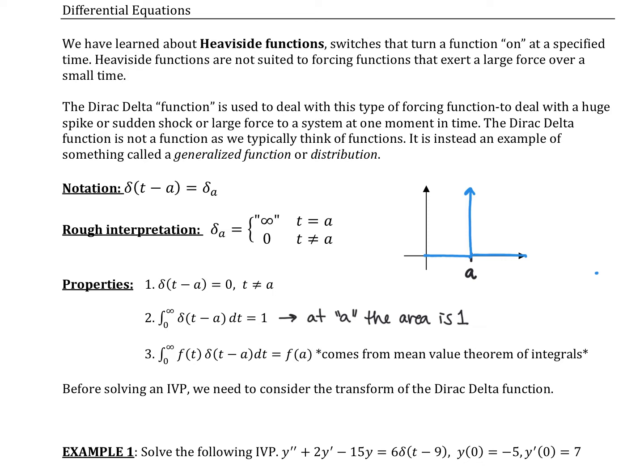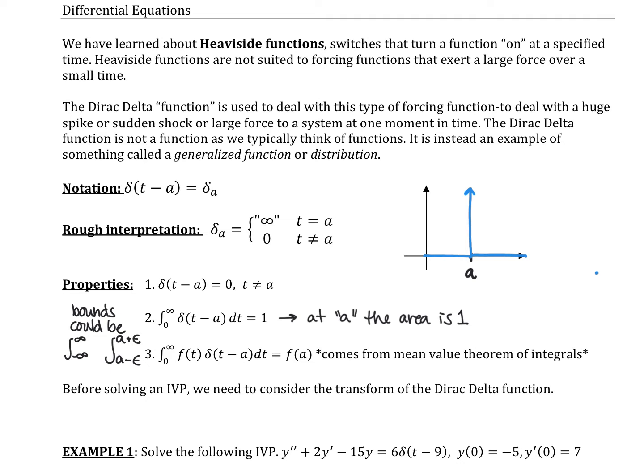You could see these bounds going from negative infinity to infinity. You could see these bounds, let's write that down. So these bounds could be the integral from negative infinity to infinity, but you may also see them as the integral from a minus some epsilon to a plus some epsilon.